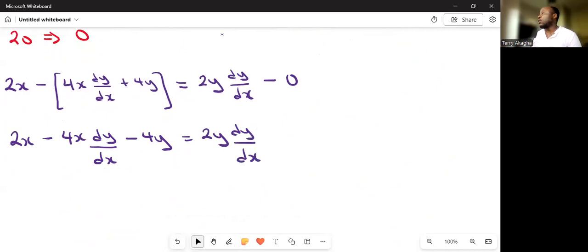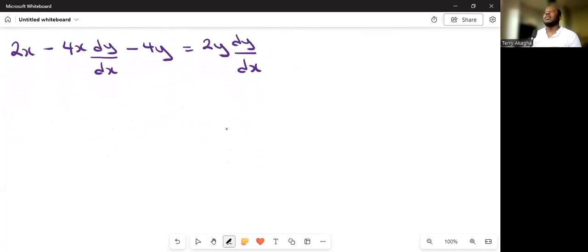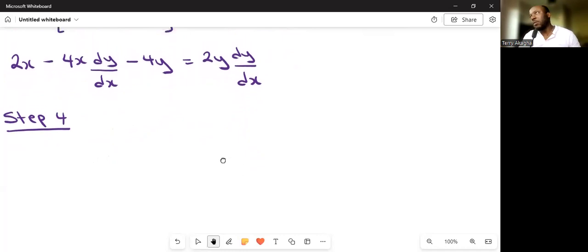So now, if you go to step 4, I told you to make dy over dx the subject of the formula. So please make sure you've written down the steps. There's a reason why I write this down, so that you can follow my line of thought, my thought process. So let's go. We need to make dy over dx the subject of the formula.